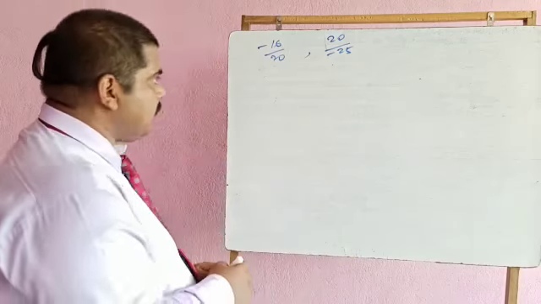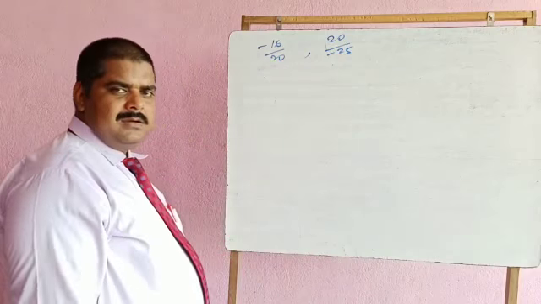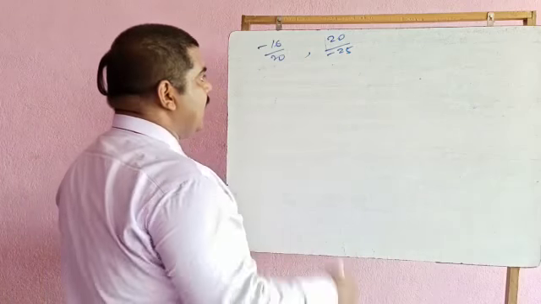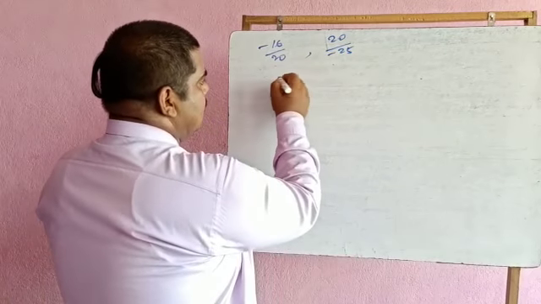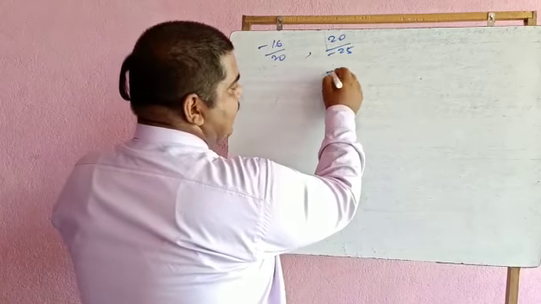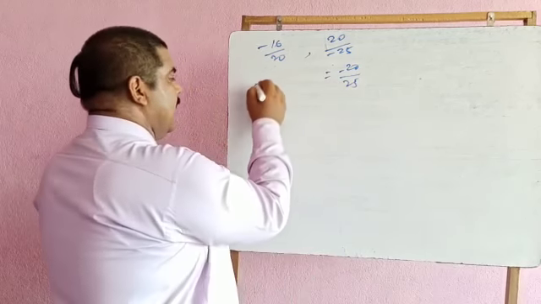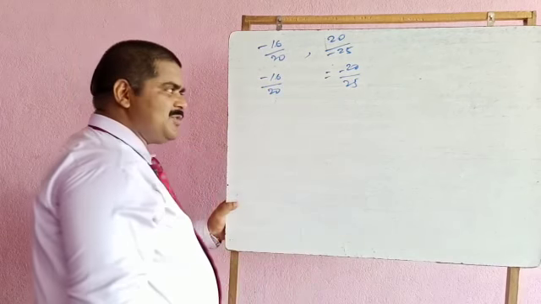Both are not in standard form, so first rearrange the sign. 20 upon minus 25 can be written as minus 20 upon 25, and the other one has already its sign arranged.